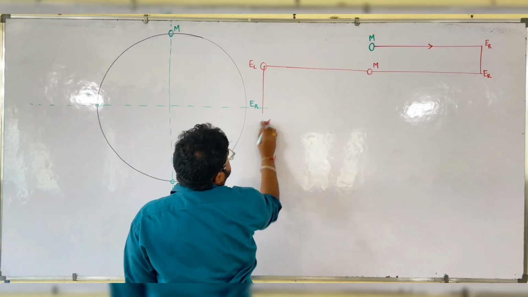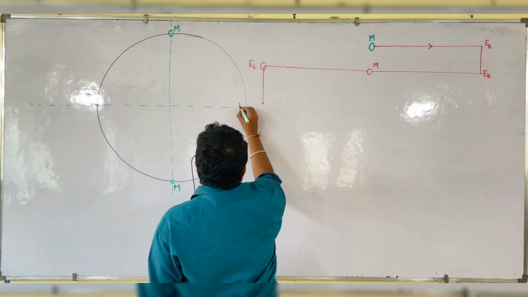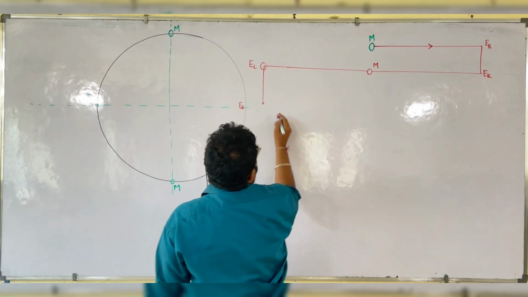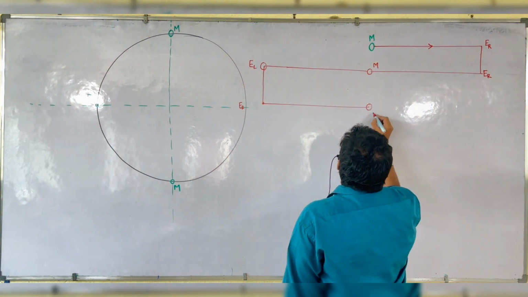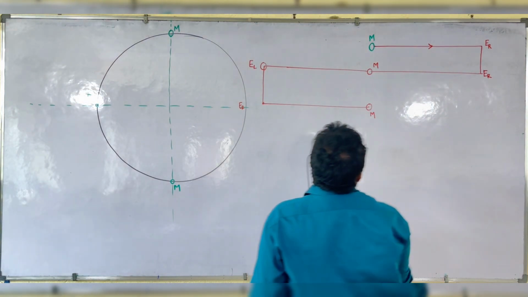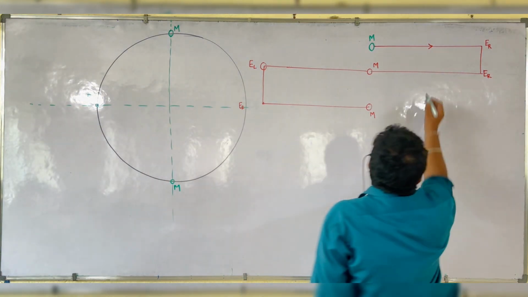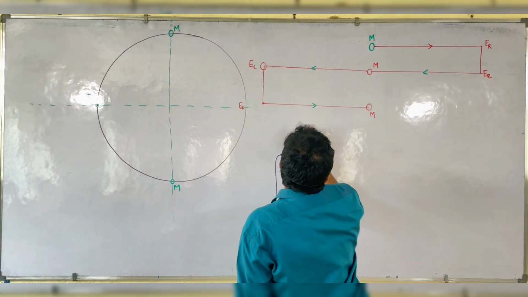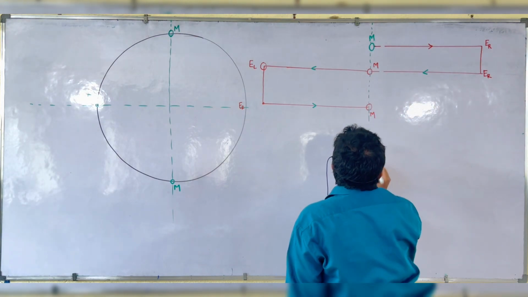From the left extreme position it comes back to mean position. Then one cycle will be completed. ఇది ఇట్లా వచ్చి ఇది ఇట్లా పోయి మళ్ళా ఇక్కడికి వస్తుంది. These all are mean positions.